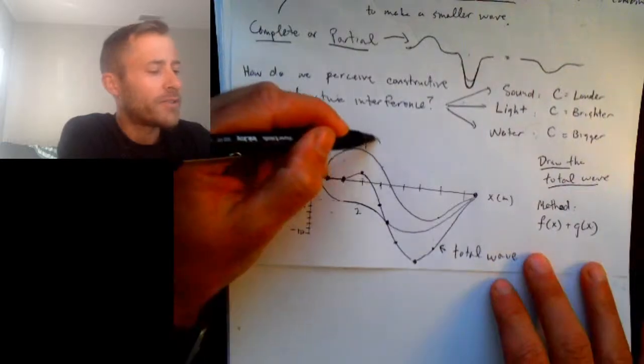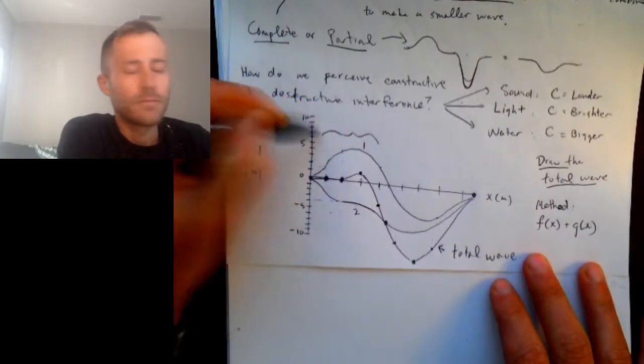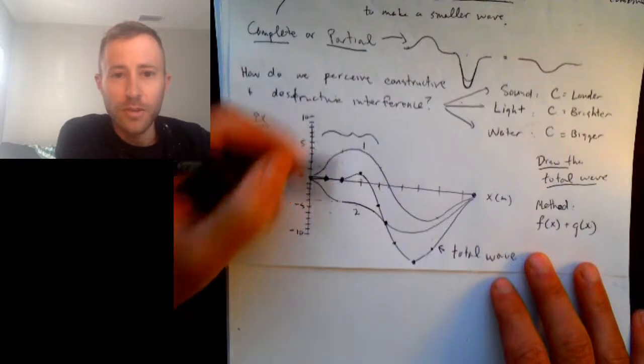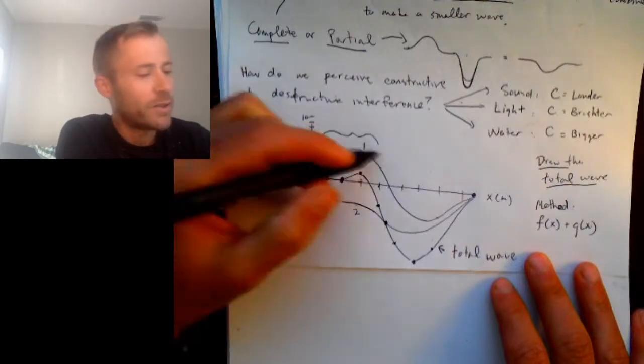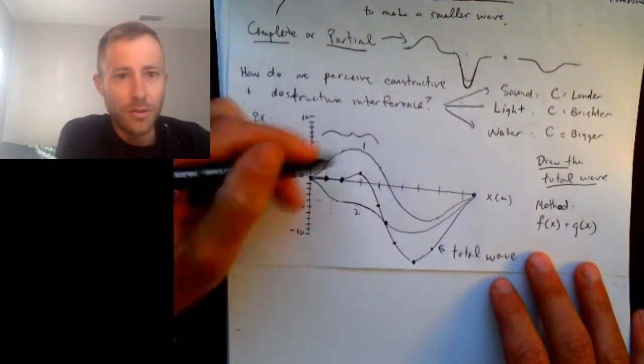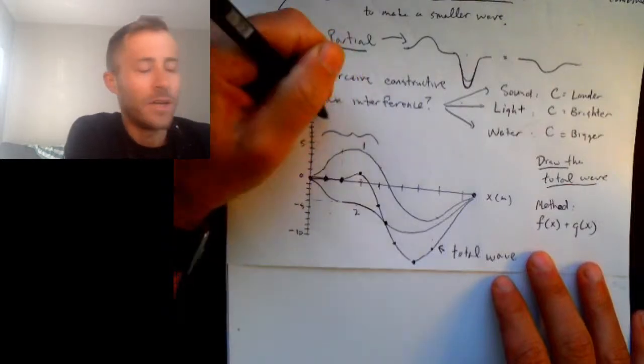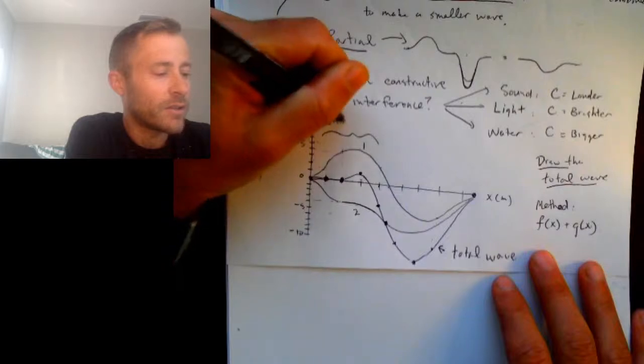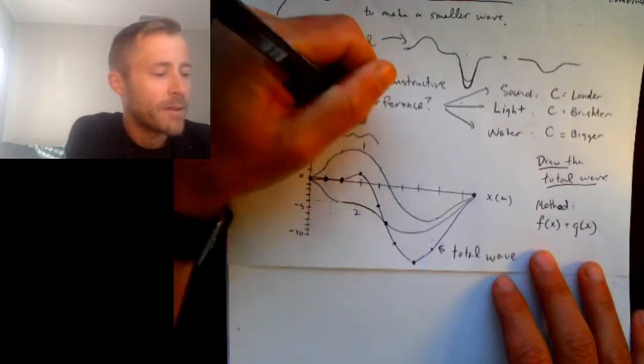On this side, the two waves are, one is positive and the other one is negative. So on this side of the graph, these two waves are interfering destructively. So this is destructive interference.